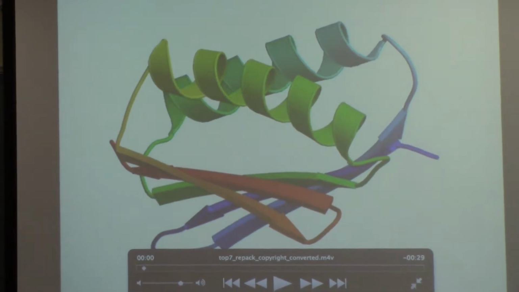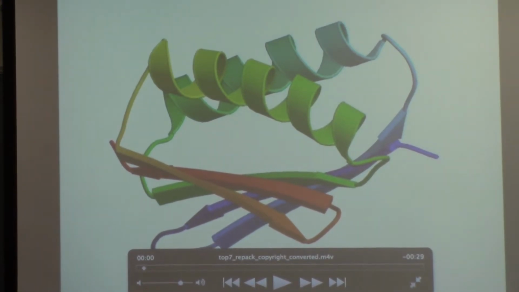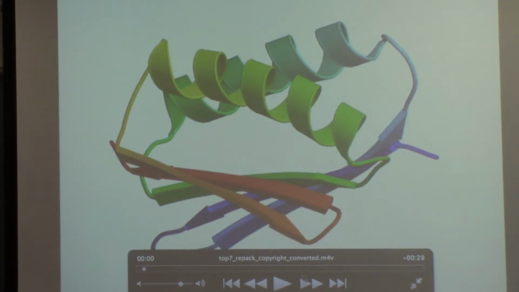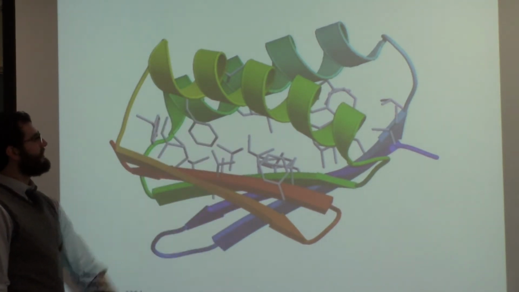All right, so this is a video of hacking Top7. Jens Meiler made it. He's at Vanderbilt and graciously allowed us to use it. You'll hear all about Top7 in the talk on design. Okay, so first what we're seeing here, these are the crystallographic positions of the side chains.